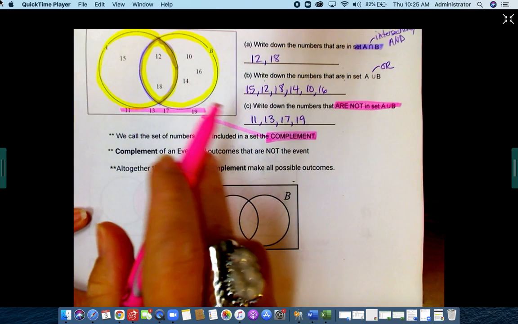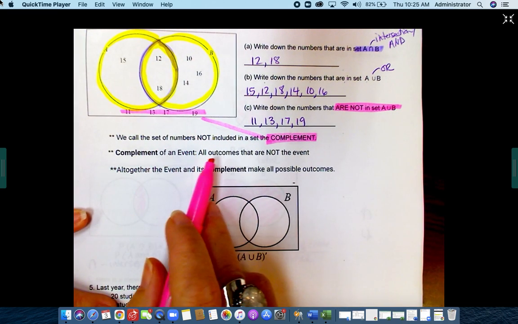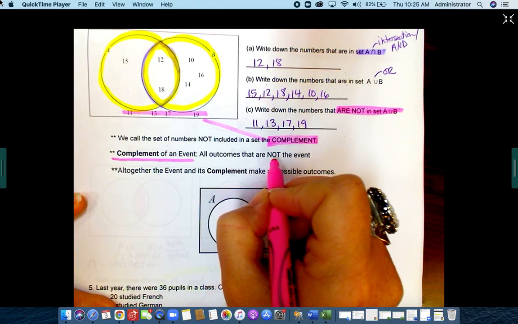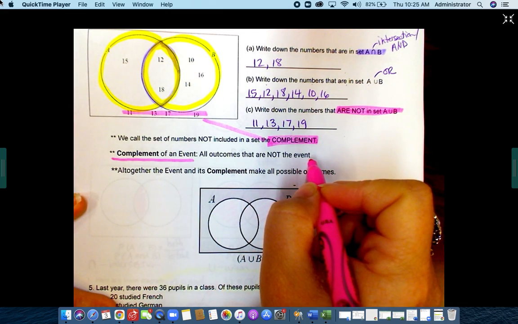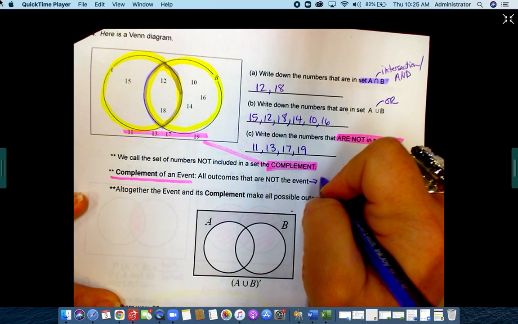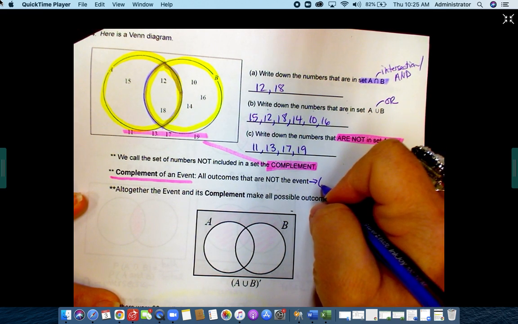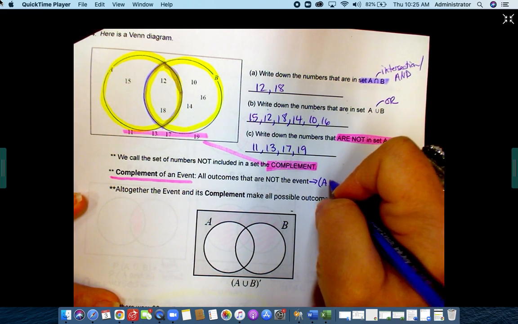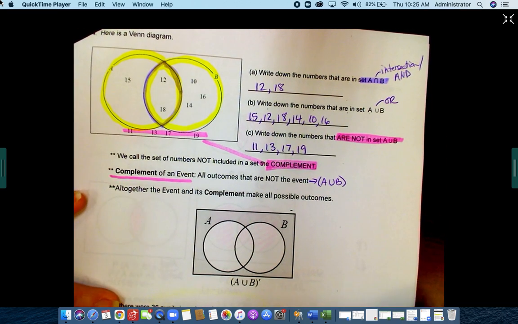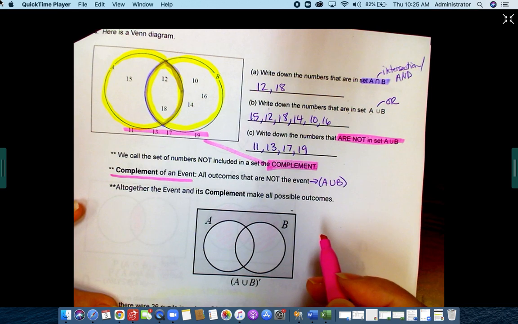But the complement in a set of numbers are all outcomes that are not in the event. Remember, the event is whatever's in the circle. So the event here would be A or B. So it's what's not in the set, not in the event, okay?